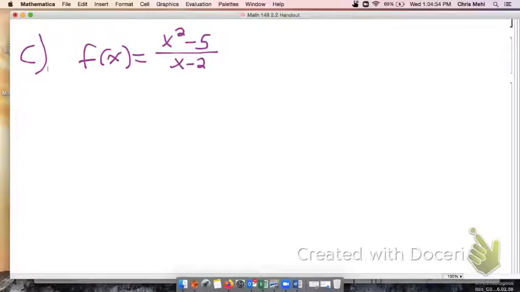So what do we know already? 2 makes the bottom 0 but not the top 0, so x equals 2 is a vertical asymptote. And then what you could do now is you only have to show one of the one-sided limits at 2.